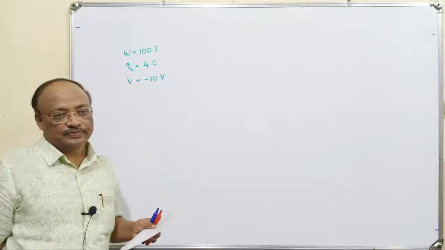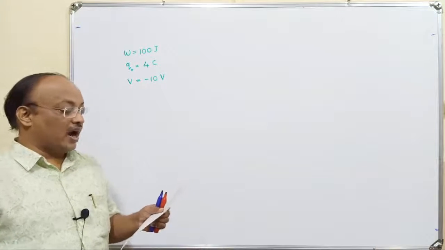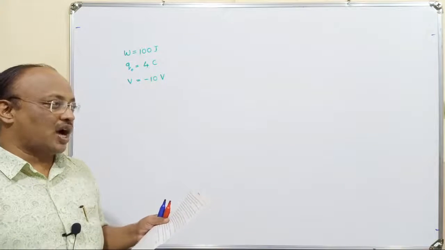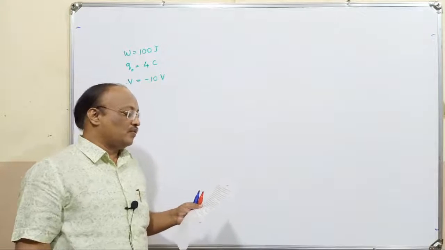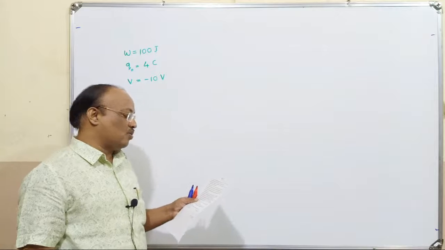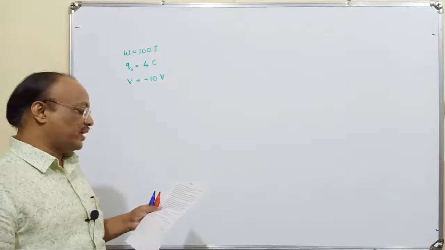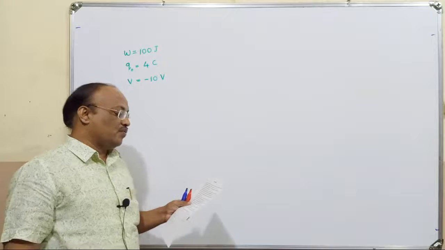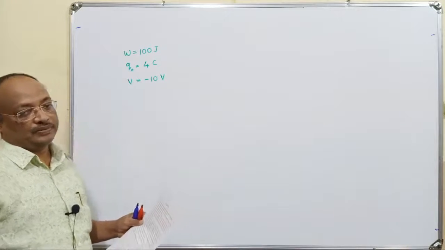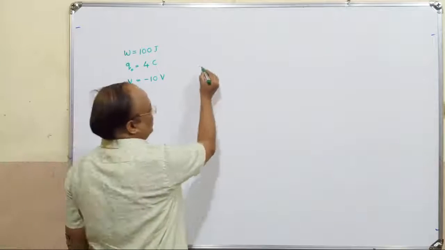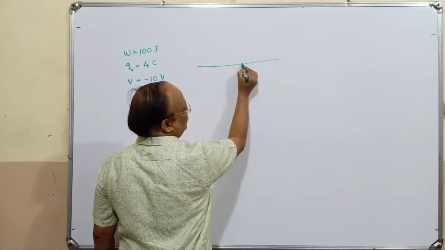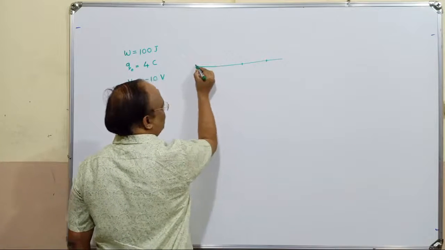They are asking: if 100 joule of work is done in moving a charge of 4 coulomb from a place where the potential is minus 10 volt to another place where the potential is V volt, find the value of V. So we have 2 points, and there is a source charge.